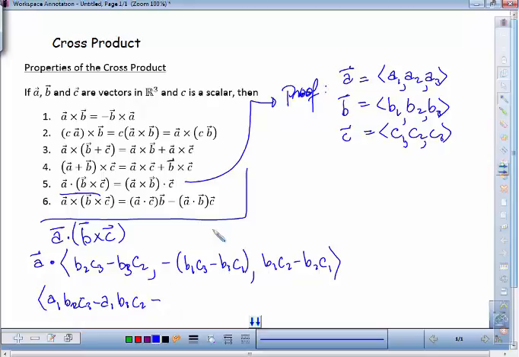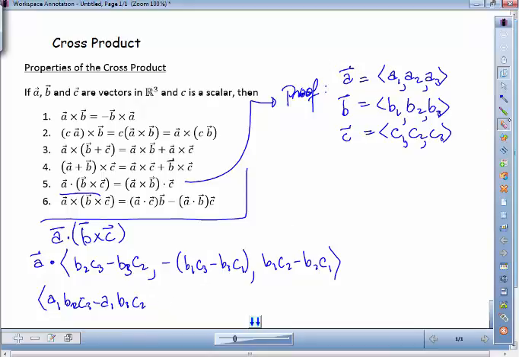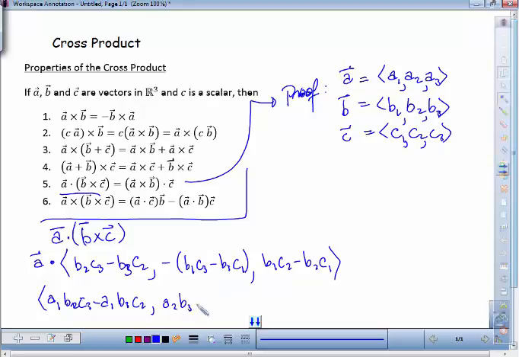I think I'm going to distribute the negative sign so I don't have this other negative sign coming out. I don't know which one will work better, but I'm going to distribute the negative sign. So the positive one is the B3C1, and so that's multiplied by A2. And then the last one is multiplied by A3.